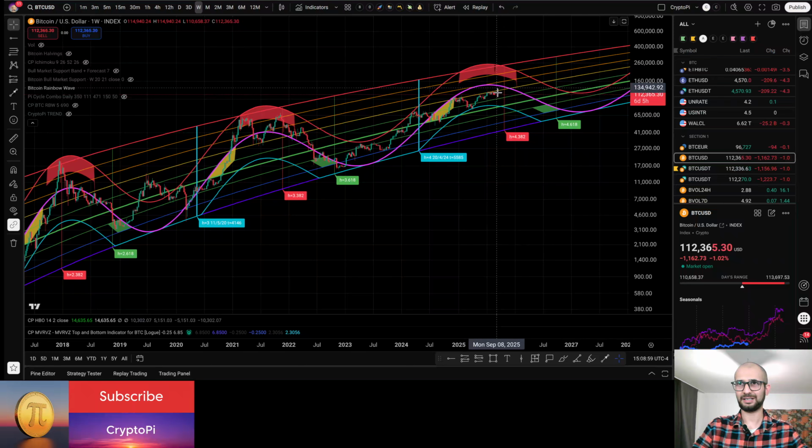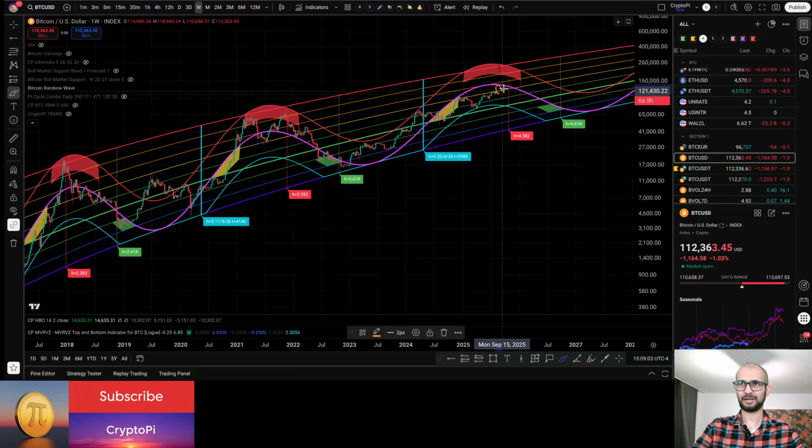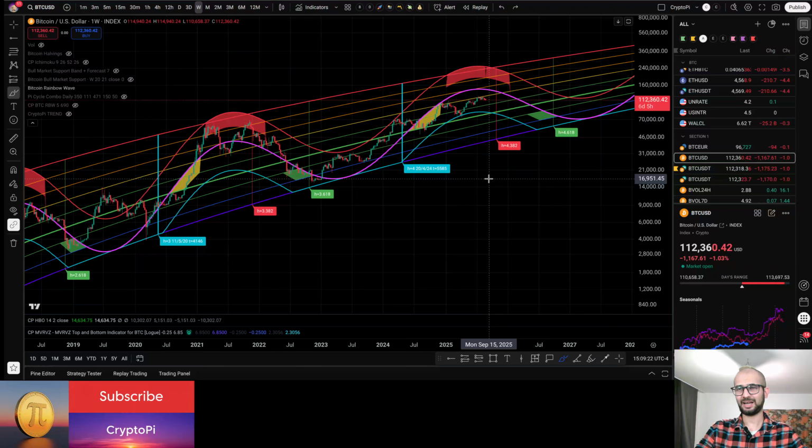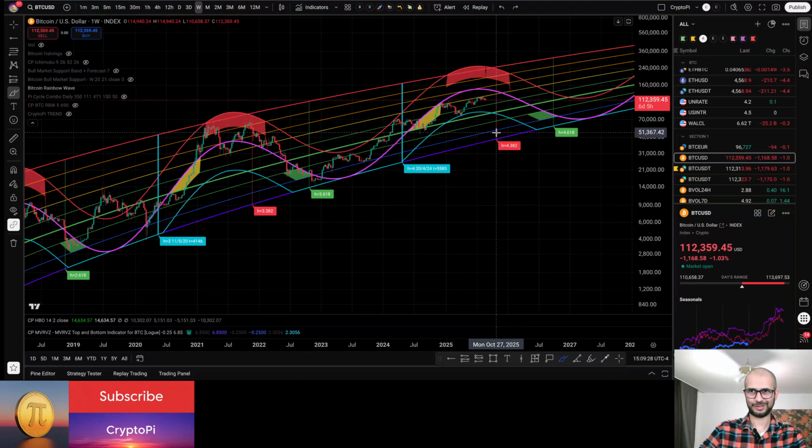It is possible that the price might go this way and hit over here, and then price might start its bear market. We will see, but this gives a nice guideline that this is one possibility out of so many other possibilities which could happen.